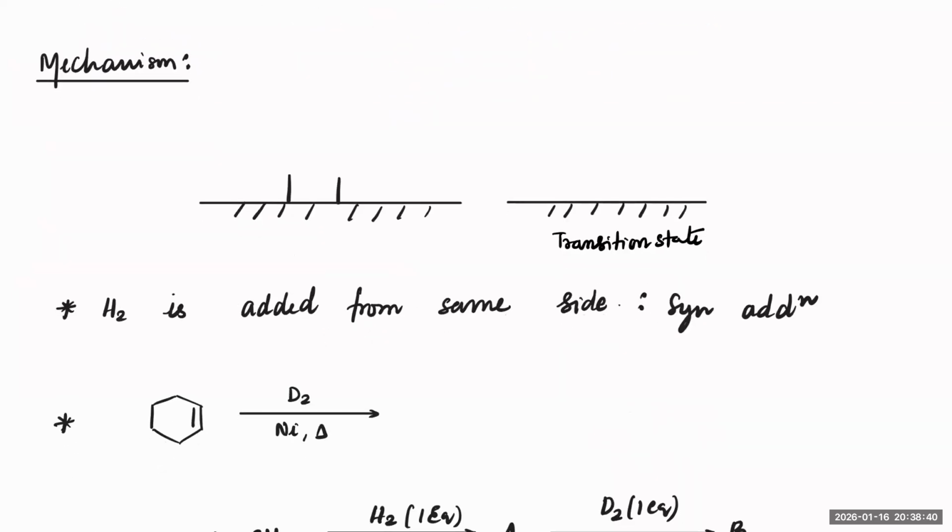Anyways, coming to the mechanism, in case you have a double bonded carbon like this, and then you have hydrogen gas getting adsorbed on the surface, the hydrogen bond has been broken.